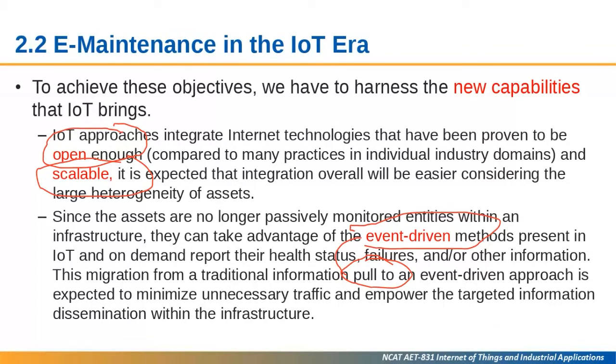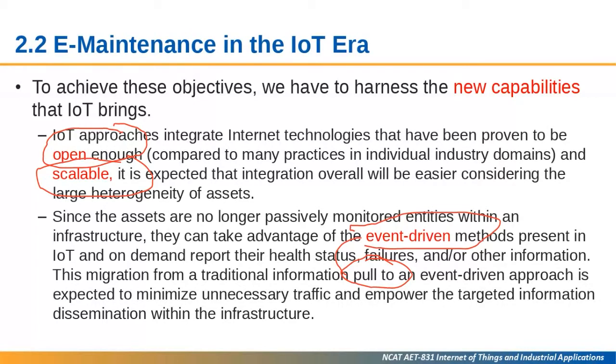So in other words, about 90% of the data are not valuable because they're just repeating the status of good performance. But on the other hand, it requires communication traffic. So this may be a waste when the communication bandwidth is limited.